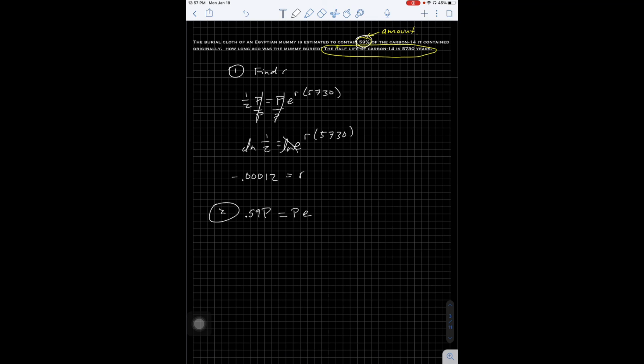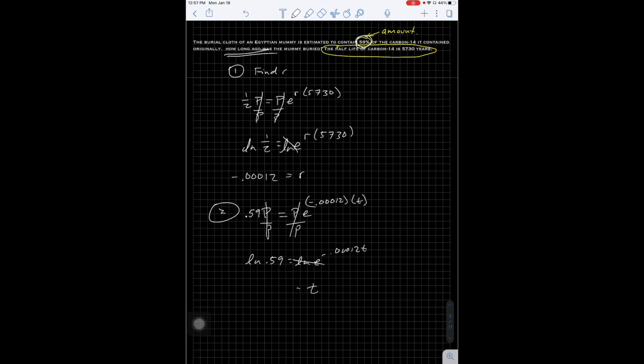E is E, the rate is what I found, and the time is the question. How long ago was the mummy buried? This is how they do carbon dating. Divide by the P. So, and I'm going to natural log both sides. These cancel.